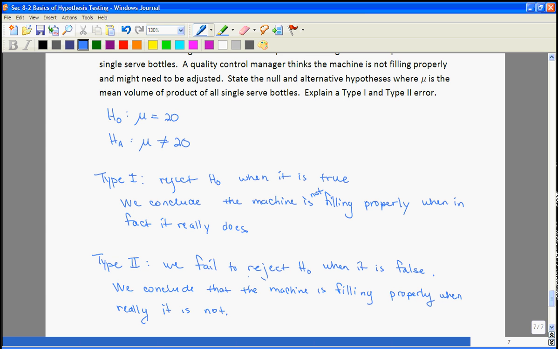Another way to think about it is in terms of someone on trial. So someone could be convicted or not, but then there's the reality of did they really do it or not. So let's say the null hypothesis is that the defendant is innocent and the alternative is that they're guilty. Well, let's say the jury convicts, but the person didn't really commit the crime.